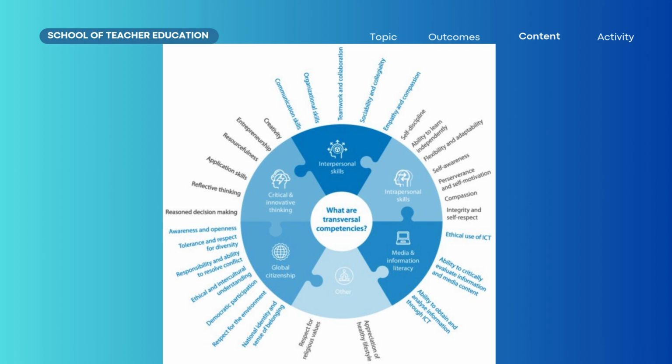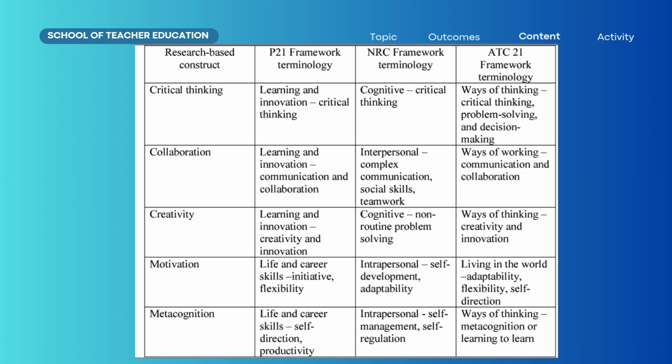So remember that these are not content based, but these are achieved whenever we ask them to demonstrate a skill paired up with an attitude and values. This is a summary of a research-based construct which is being compared with the Partnership for 21st Century framework, with the National Research Council framework, and with Assessing and Teaching 21st Century Skills.